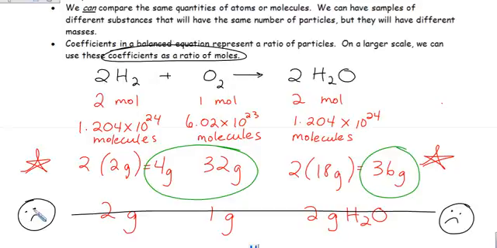See, you can't use the coefficients as a ratio of grams. But yes, you can get grams from moles. So when we go on through this stoichiometry, we'll be obsessed with balancing the equations, which we just did in the last chapter, so that's going to be great. And then we're going to be obsessed with that mole ratio, the ratio of coefficients from the balanced equation. We'll use them to get grams that we can measure in the lab.